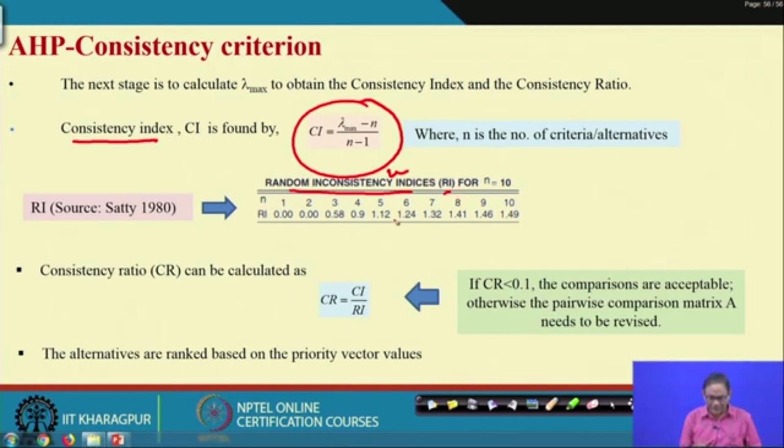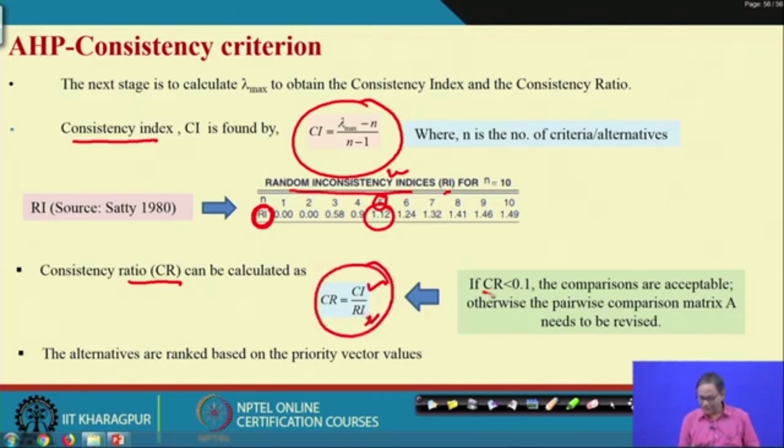So, suppose in our case n is 5, then the random inconsistency index is 1.12. So, you have found lambda max and n is also known. Then the consistency ratio CR will be CI by RI. This consistency ratio should be less than 0.1.